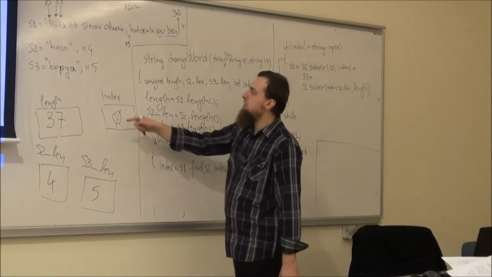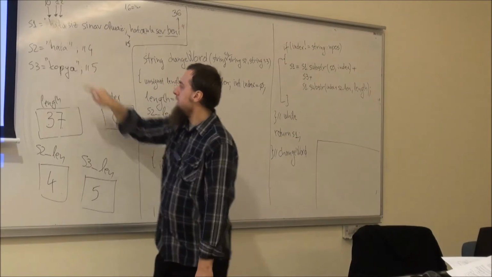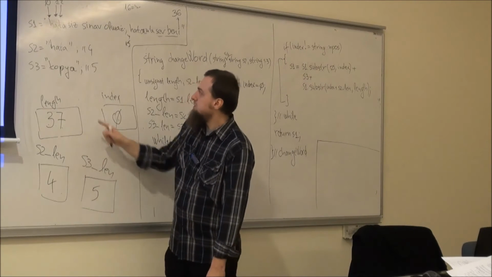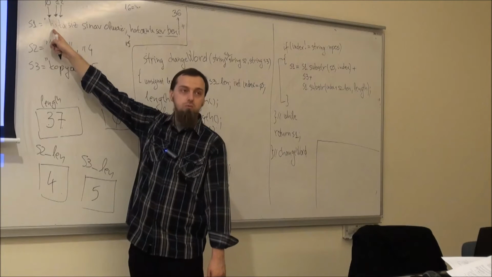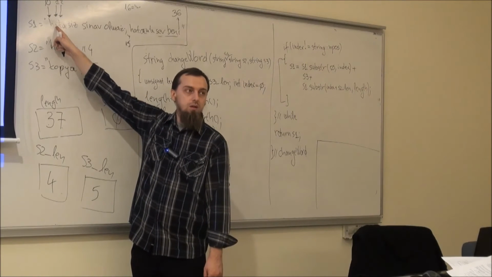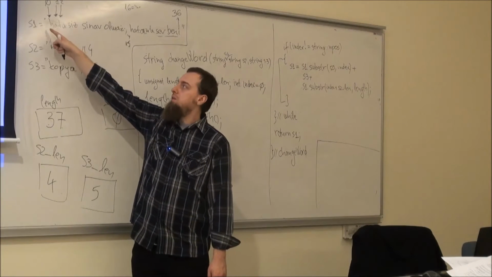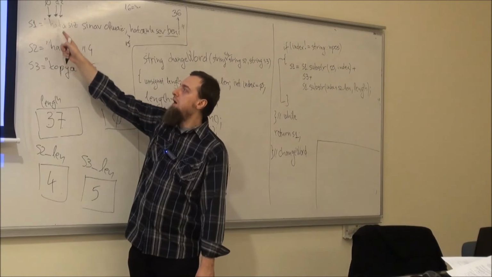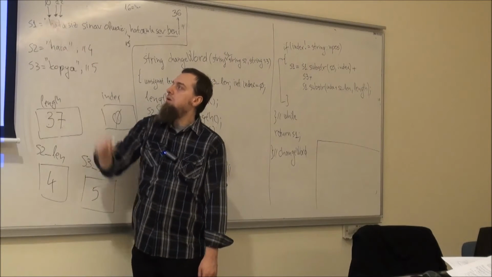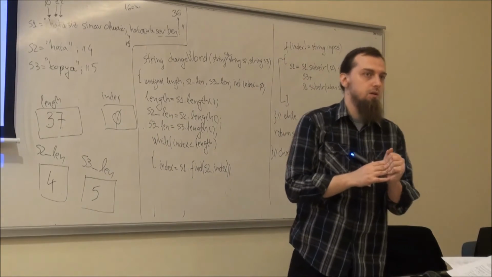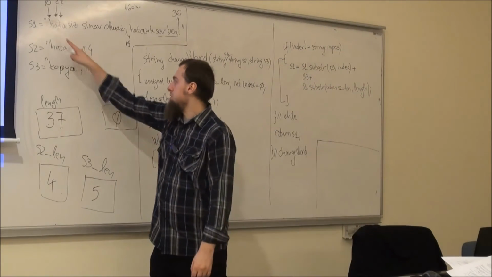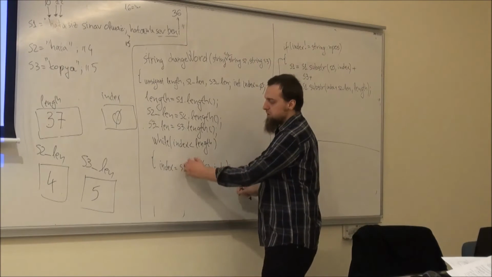Basically, starting from 0, we want to find S2, which is hata. What is the index that is going to be returned? This is S1. We want to find hata here starting from 0. And what's the index? The first occurrence of that pattern is 0. We start from 0, so we will have 0 returned here.